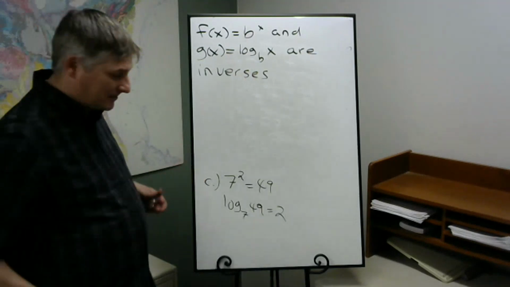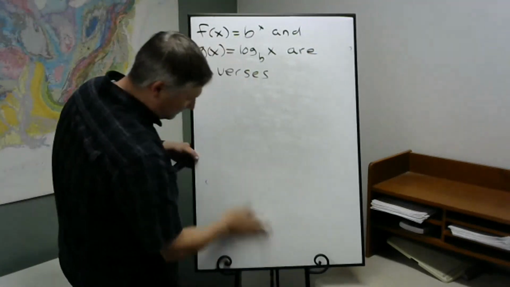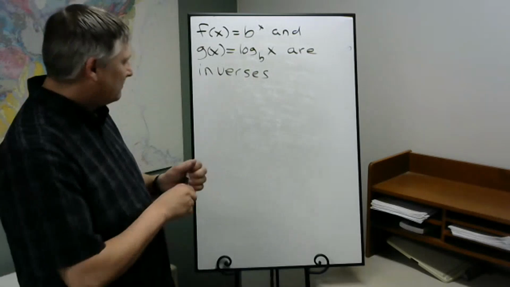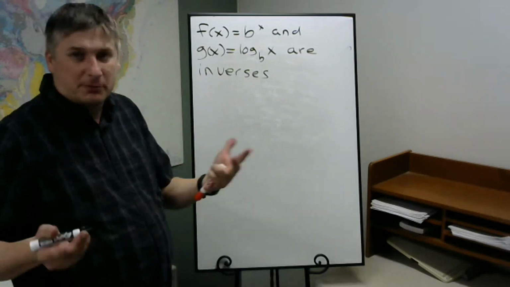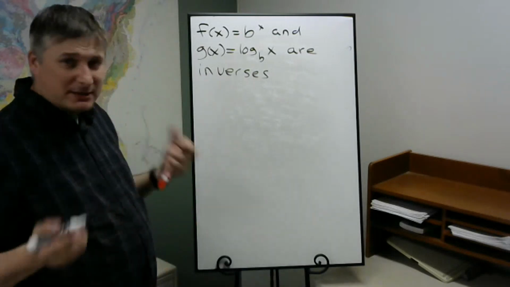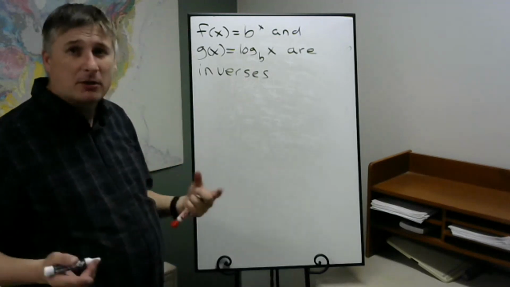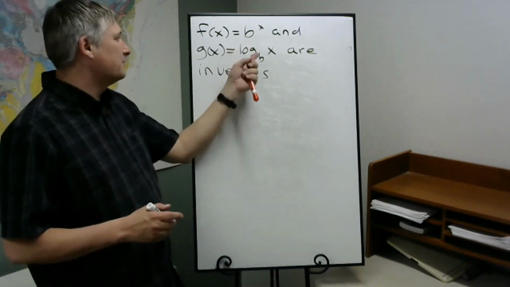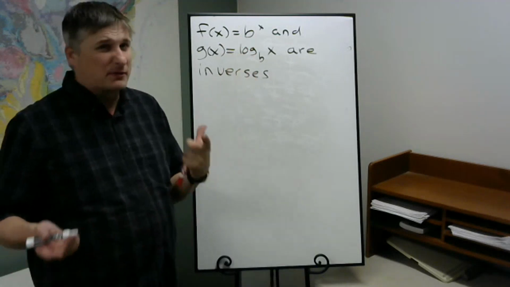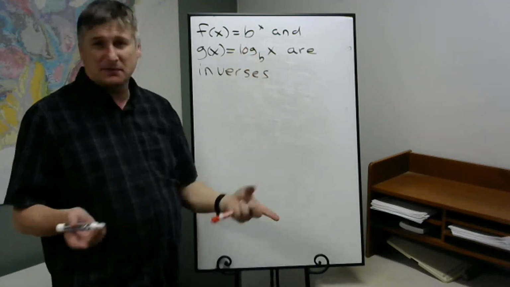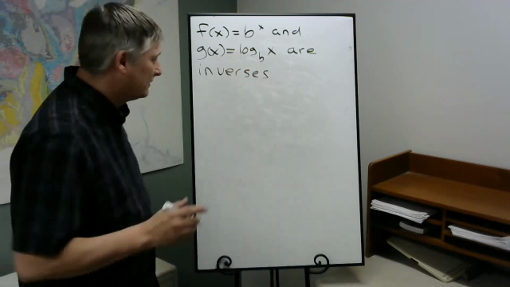Now, how is that the case? Well, let me give you kind of a brief proof. There's an idea when we're working with inverses that if these are inverses, then the following is going to be true. And keep in mind, the bases have to be the same for this to work. If the bases aren't the same, this isn't going to work.